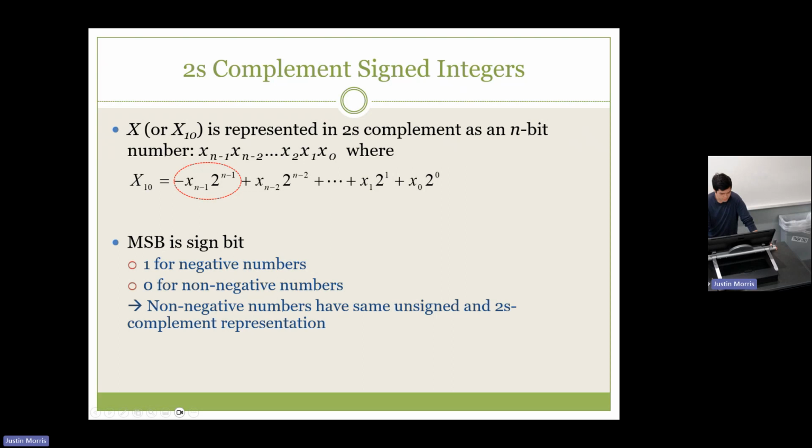The most significant bit is the sign bit. If it's 1, it's a negative number. It's 0 for non-negative numbers. Non-negative numbers have the same unsigned and 2's complement representation. So if it's 0, 1, 1, 1, that is still 7.